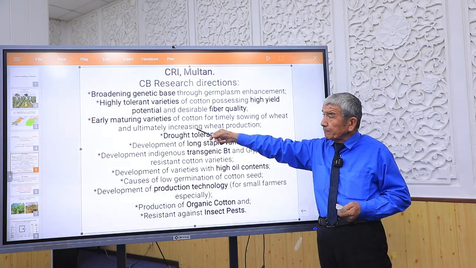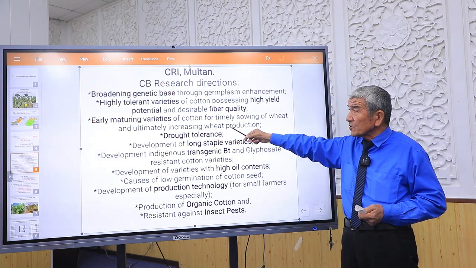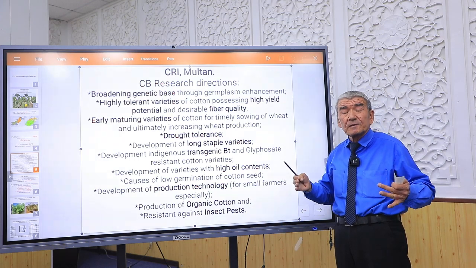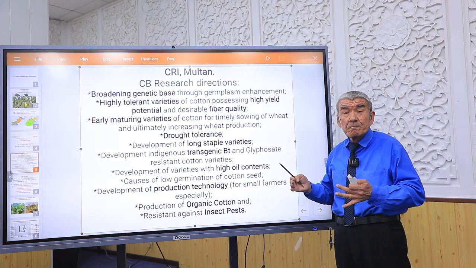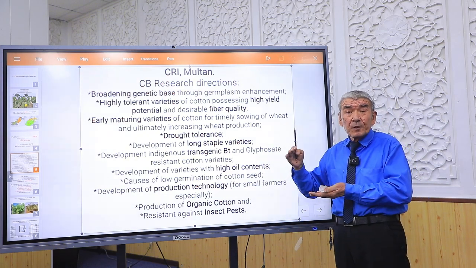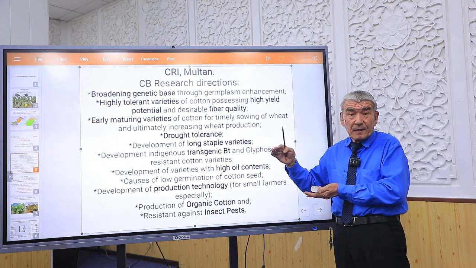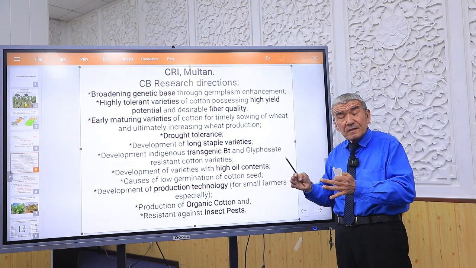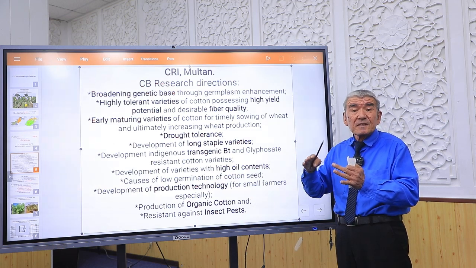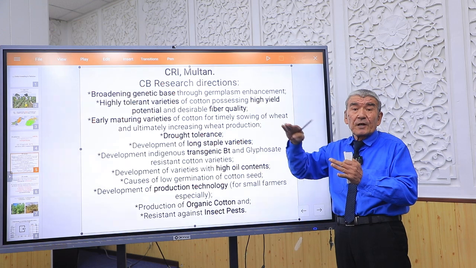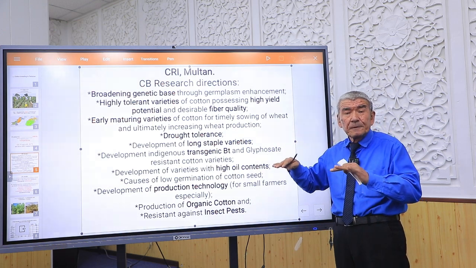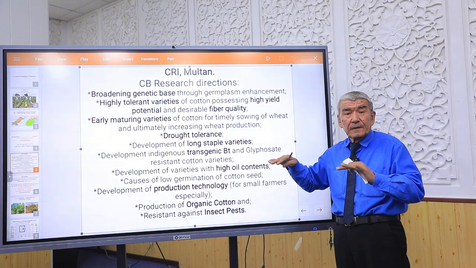The next one is early maturity varieties. If they have early maturing cotton varieties, they can overcome the development of pests and have less harm and less loss of the targeted crop at the end of the season.